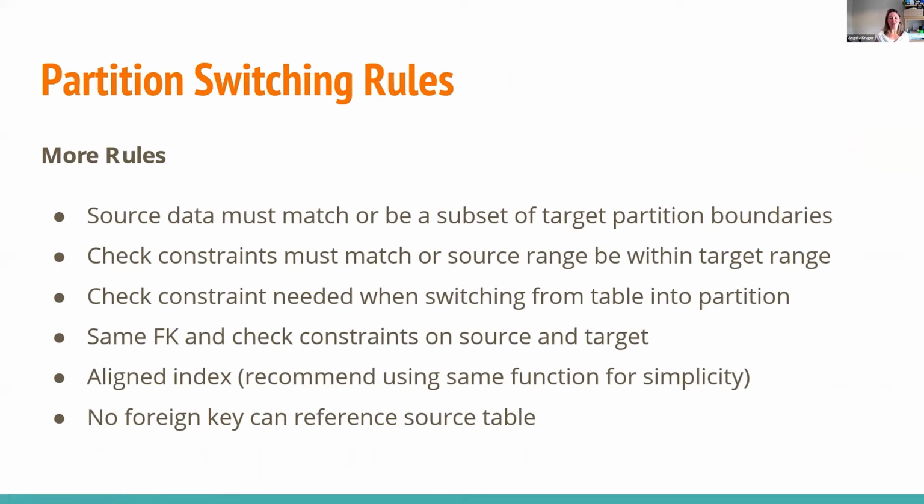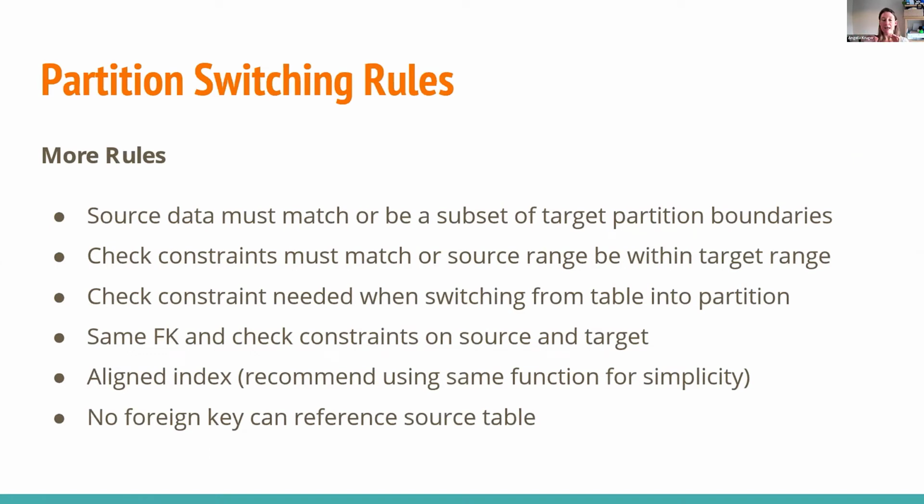So when you're switching to or from a partition, if you're switching to a partition from a staging table, the data in your staging table has to match the boundaries of the partition you're switching into. It has to fit within those boundaries.